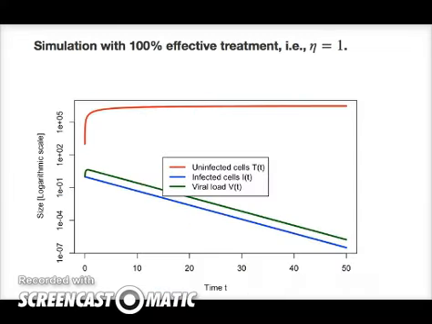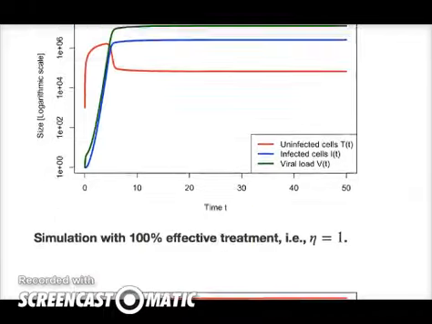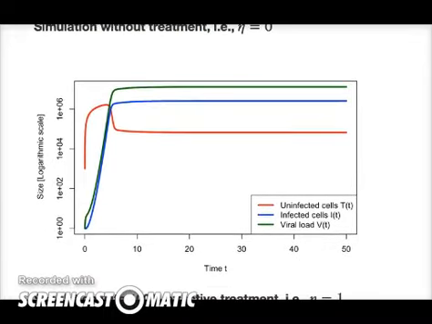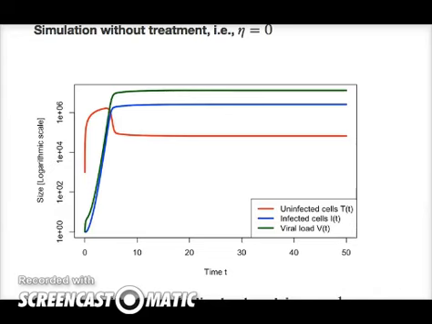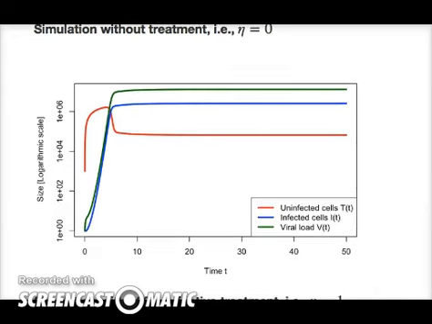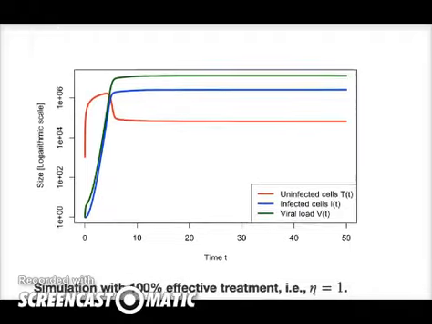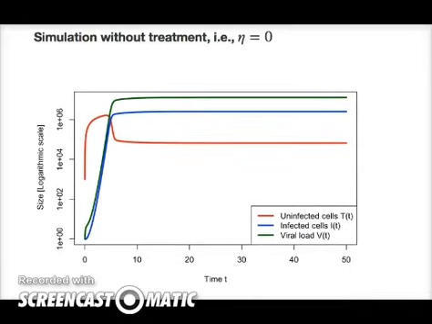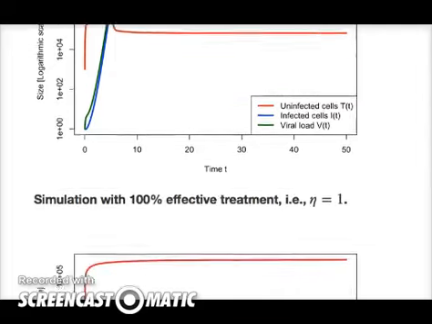So what we had seen before were two scenarios, one in which there is no treatment, or the effectiveness of treatment is equal to 0. That's analogous to not having any treatment. And we can test here the numerical solutions are giving us solutions for a stable equilibrium that's called endemic equilibrium.